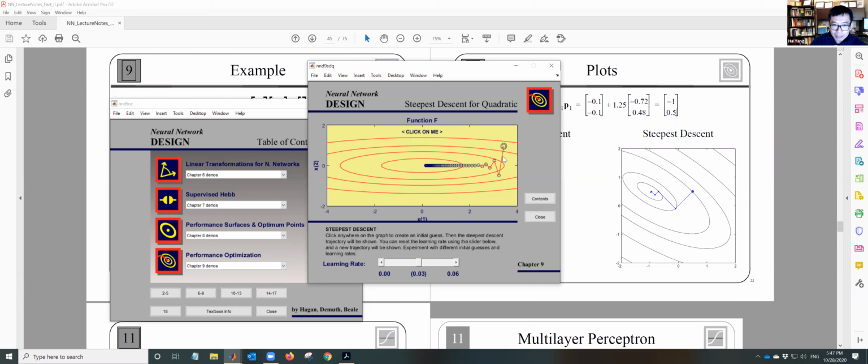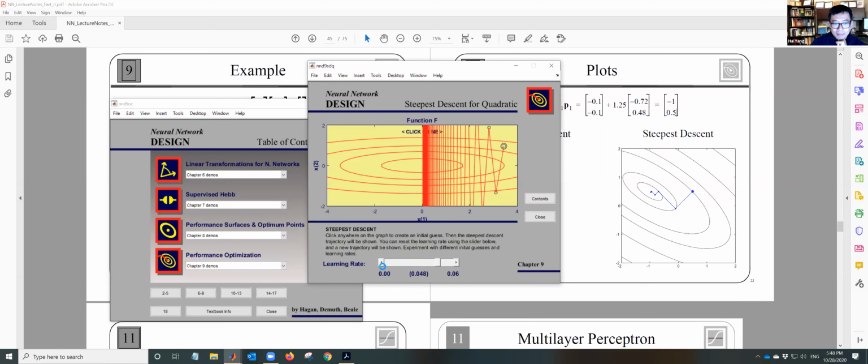This is a negative gradient direction, and then you have a learning rate. This is how far you go. You are not minimizing along a line yet. You can adjust the learning rate, you see it keep changing, and then you can keep increasing.